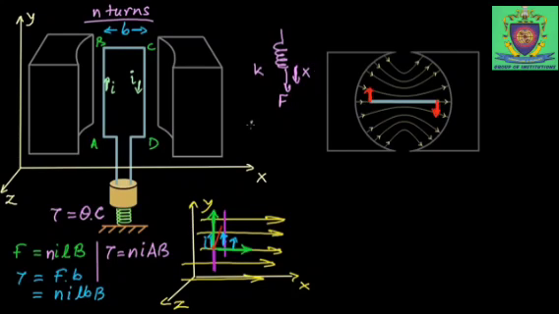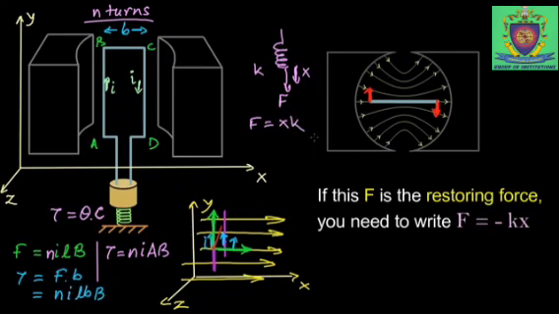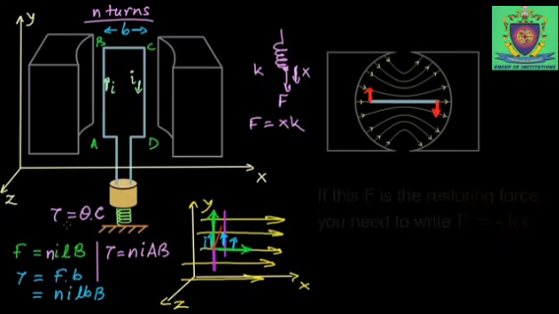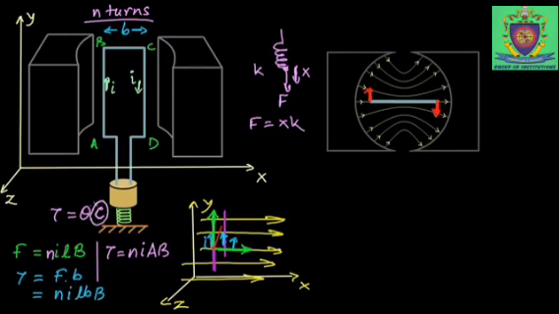Let me write the spring here. When I apply some force, it will displace by x. That constant is nothing but the spring constant. I will write it as k. x is the displacement, k is the spring constant, and F is the restoring force.